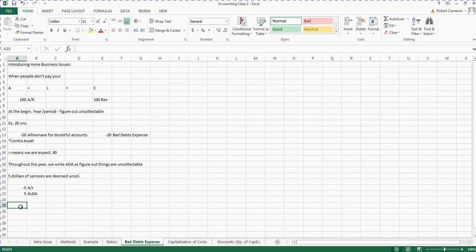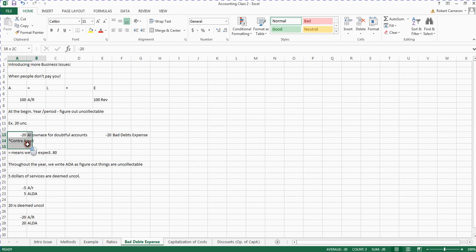Now, here's another issue though. Let's say that throughout the year, then another $20 is deemed uncollectible. Then we do the same thing, minus 20 accounts receivable, add 20 to allowance for doubtful accounts. But as you can see here, that was plus 5, plus 20, plus 25.